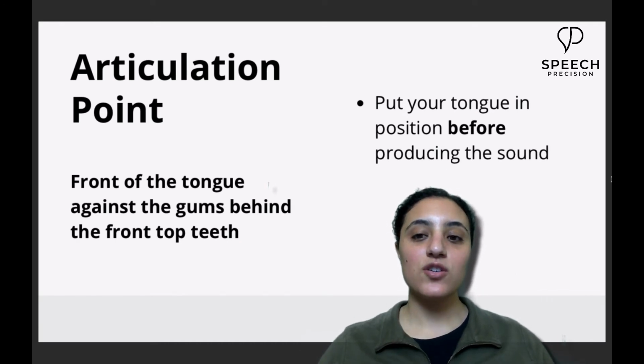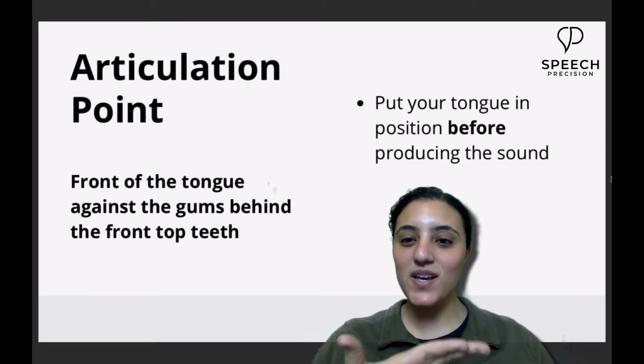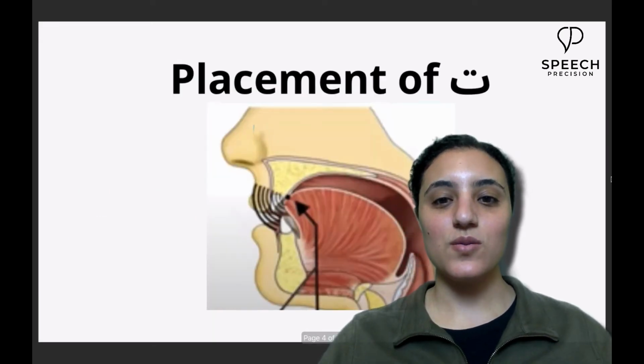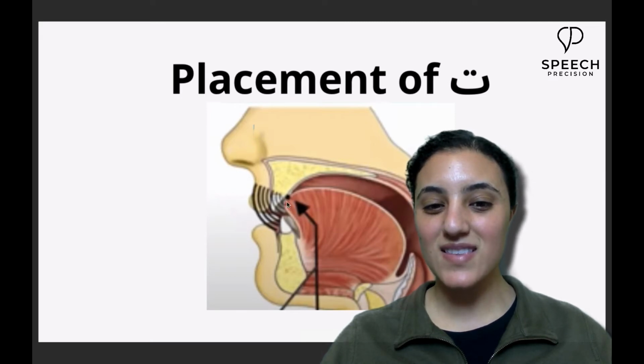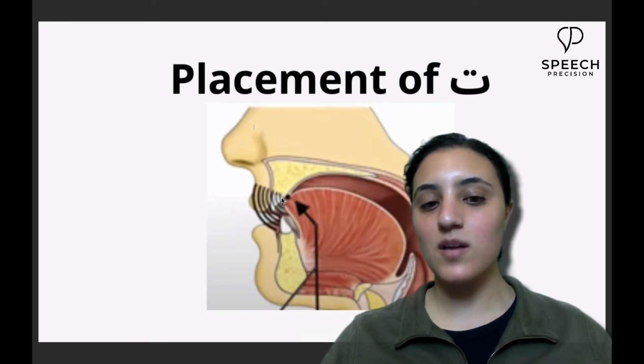And you want to make sure to put your tongue in position and be completely situated before producing the sound, okay? So here is where the ta is produced. This is the front of the tongue. Notice that it's not the very tip, it's the front. Okay, the front of the tongue is going to hit those gums right behind these front two teeth.